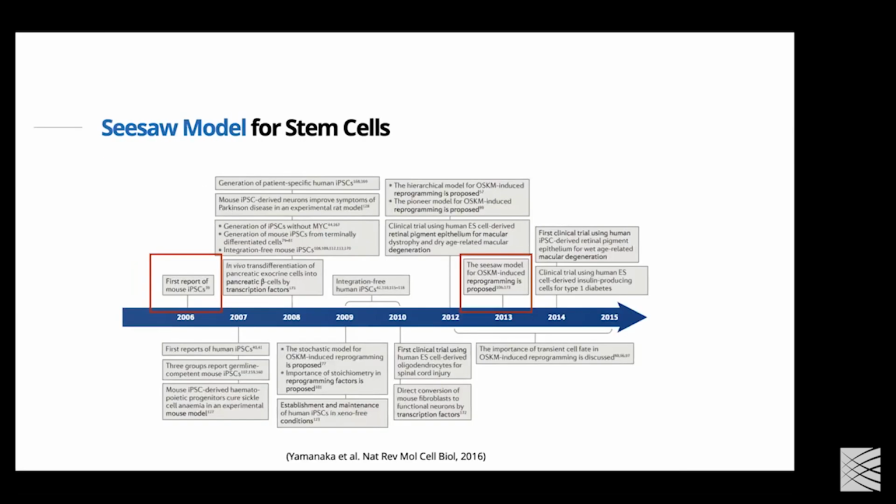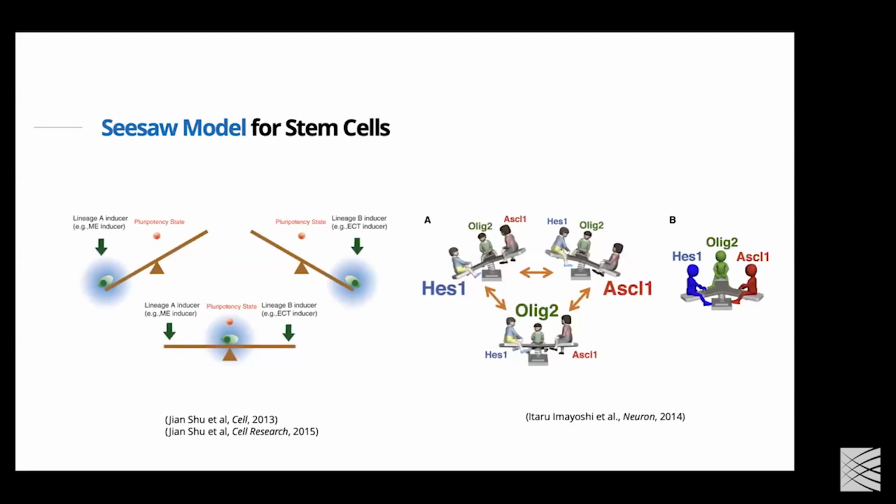And then in my PhD, I proposed this T-cell model in 2013, where we developed new cocktails to make iPS cells, so that you can make stem cells with just differentiation factors, not just the stem cell factors that people are using to make stem cells. So this is the high-level introduction of what this T-cell model is.